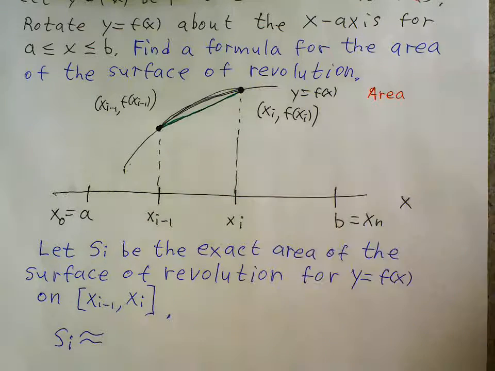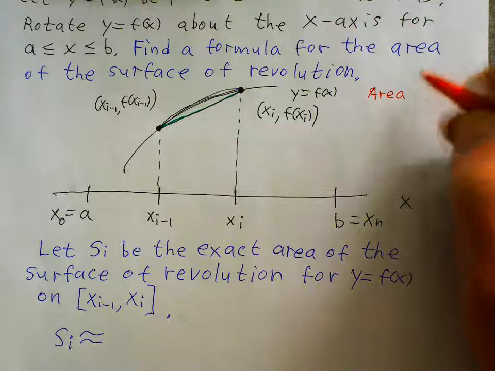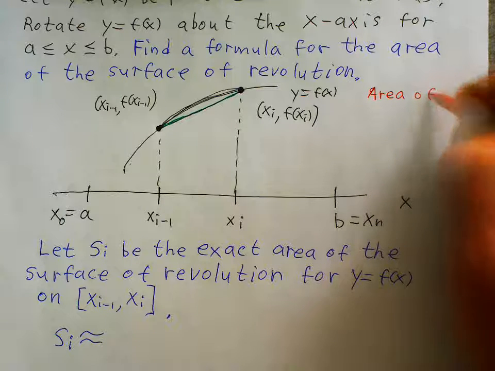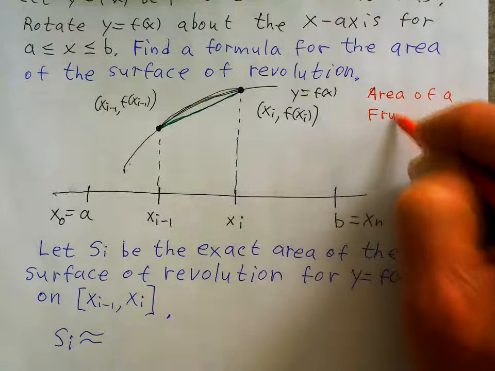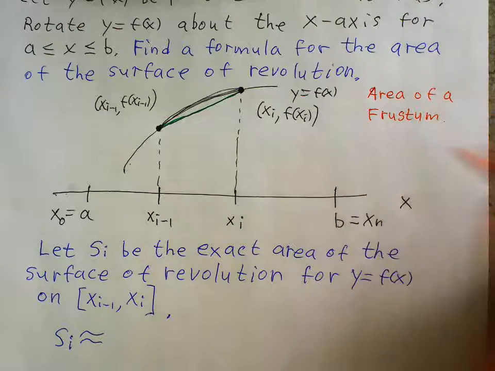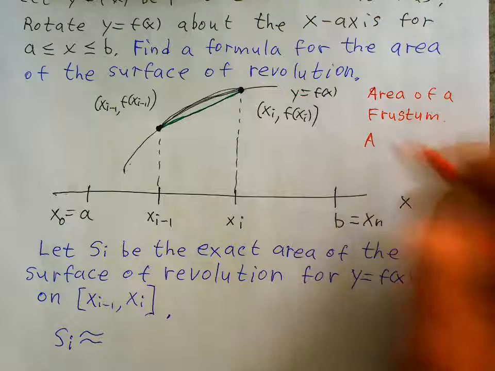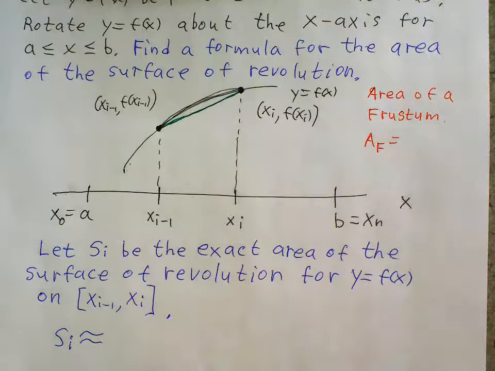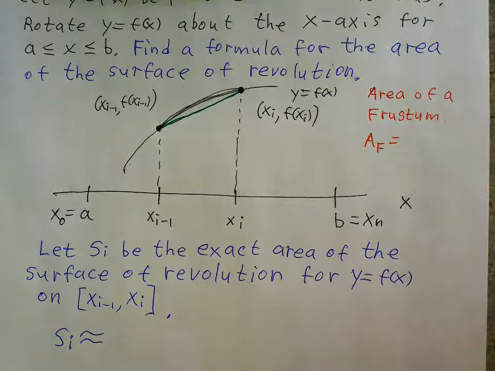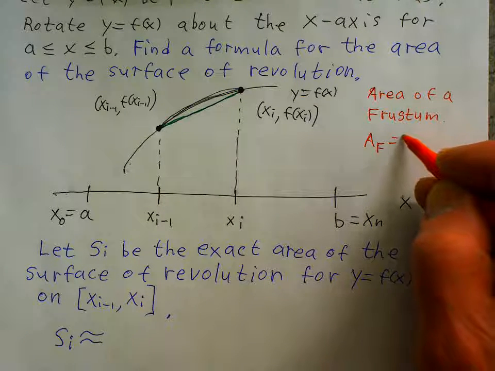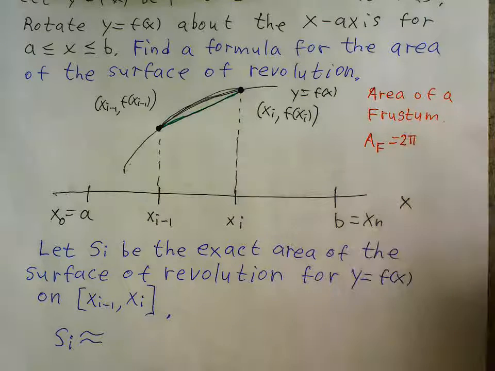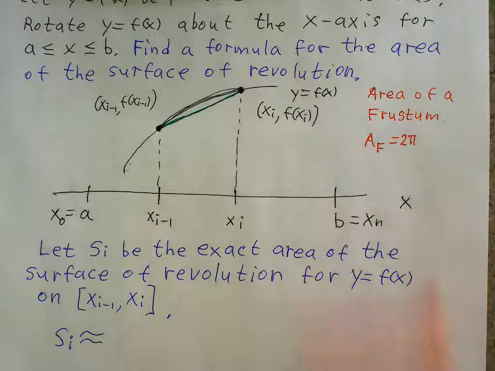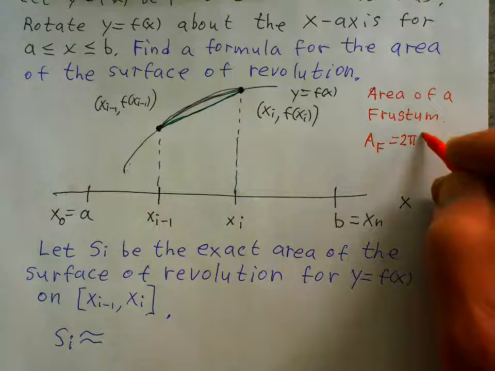So up here, I'll use as a reference the area, by which I mean lateral surface area of a frustum, A sub f for the lateral surface area of a frustum. So what did we get? One way to remember it is 2 times pi times the average of the two radii.